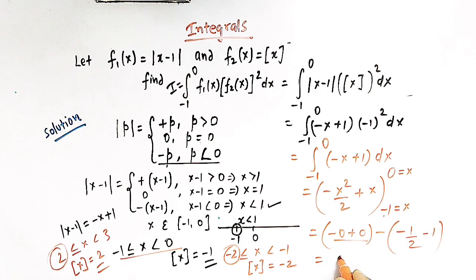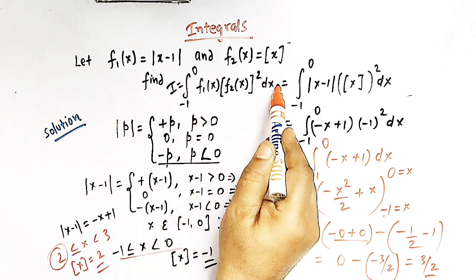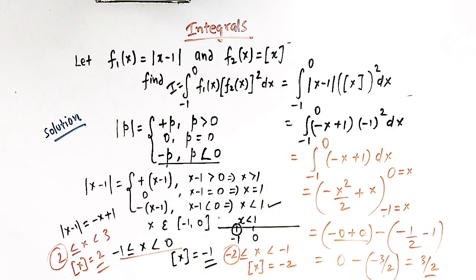So this is 0, and here we have minus 1 over 2 minus 1 is minus 3 over 2. So this is a minus minus plus, so we have 3 over 2. So the value of this integral is equal to 3 divided by 2, that is simply 1.5.